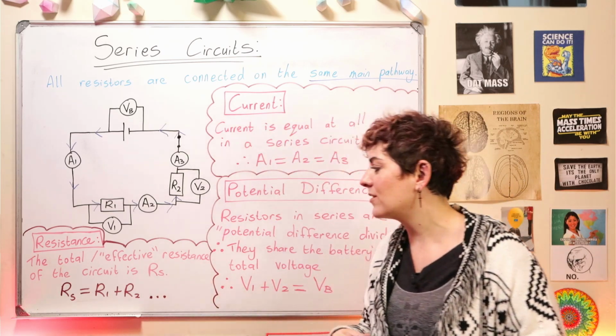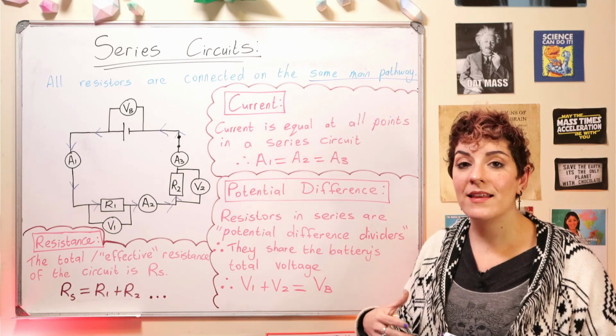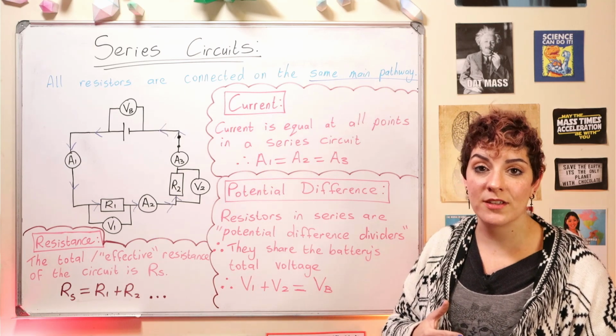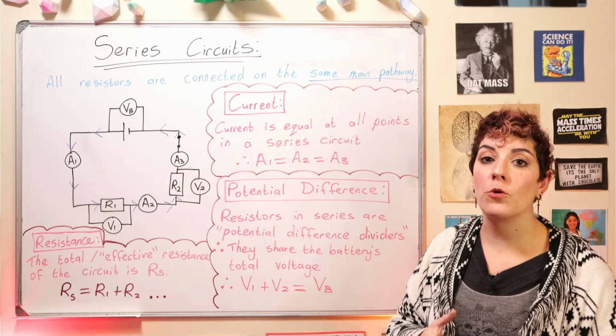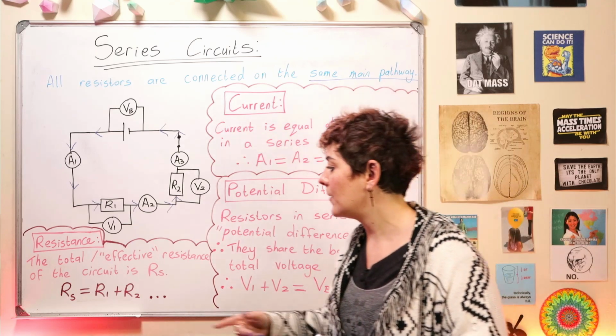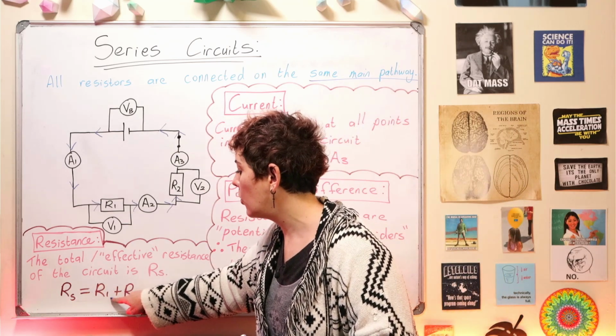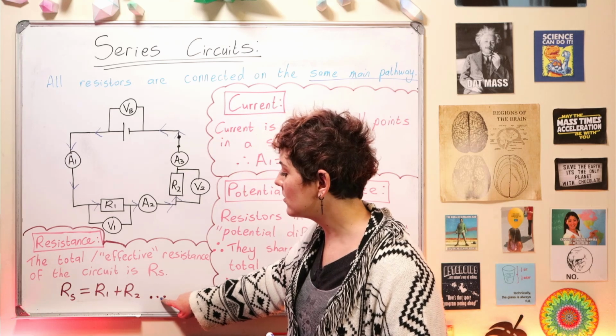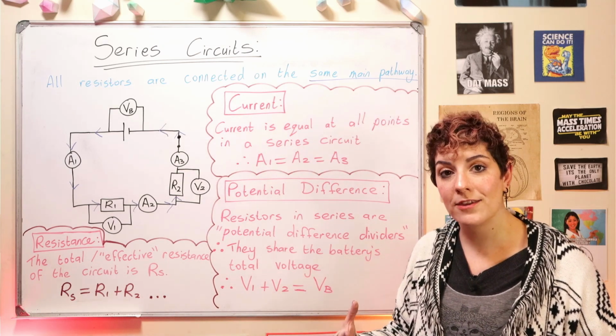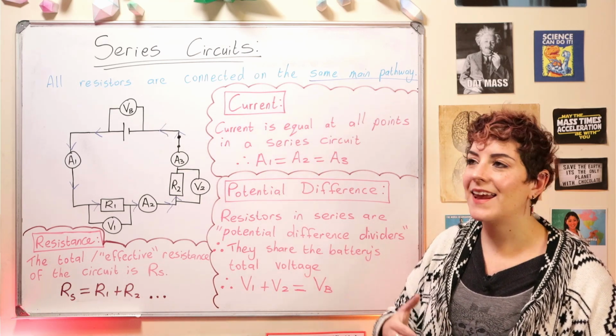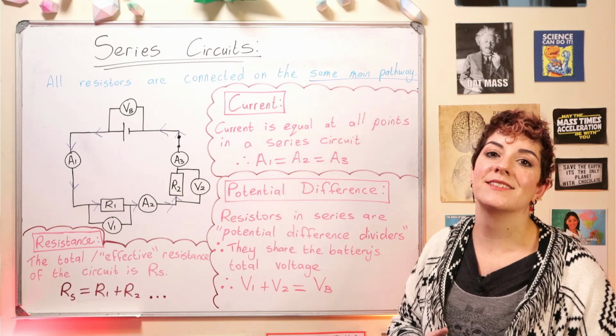RS is the total series resistance. And there's a formula to work out series resistance, which is printed on formula sheets. This is the formula. RS equals R1 plus R2, and then there's a little dot, dot, dot, because, as the theory goes, you can add any number of resistors in series.